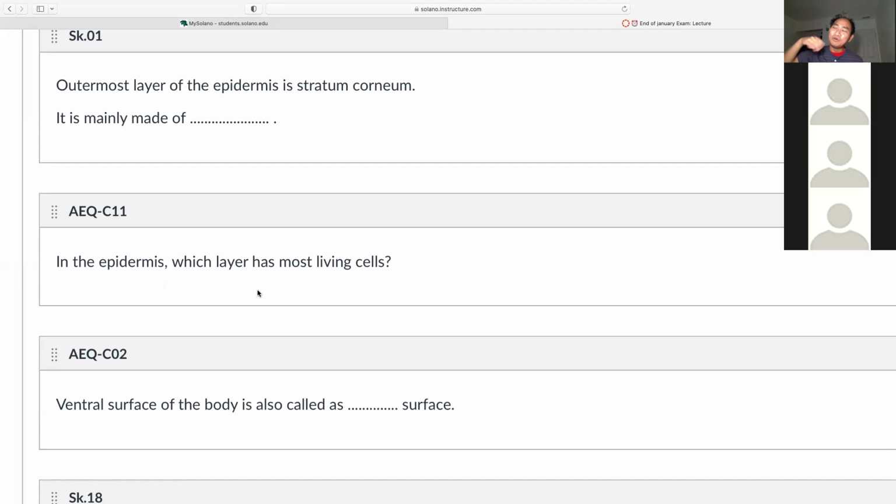Which layer has the most living cells? Basale, because it is very close to the dermis, close to the nutrition. So basale is rich, and therefore has a lot of living cells.